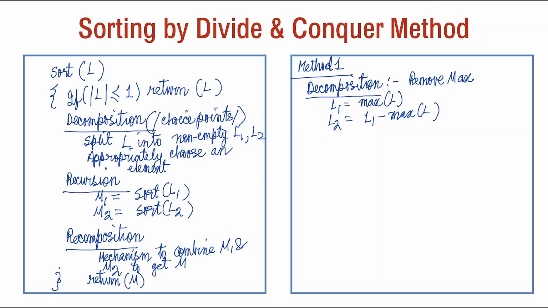And because of that, the recursion step M1 was obvious, and therefore there was only one recursion step where we had to sort L2 by recursion, because L1 was there, and our recomposition step was a simple concatenation.